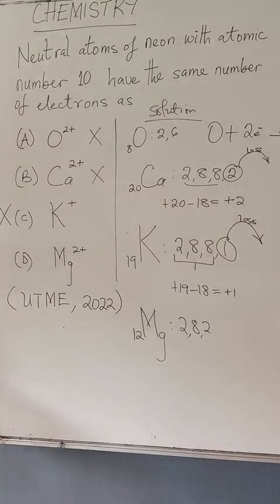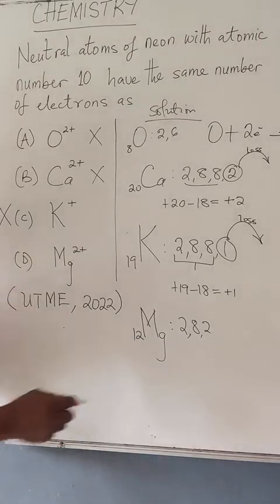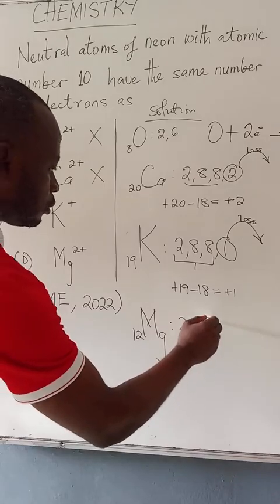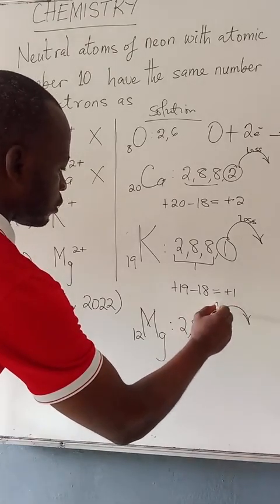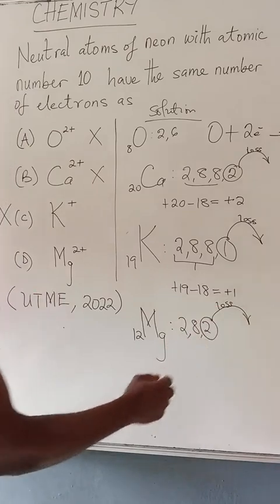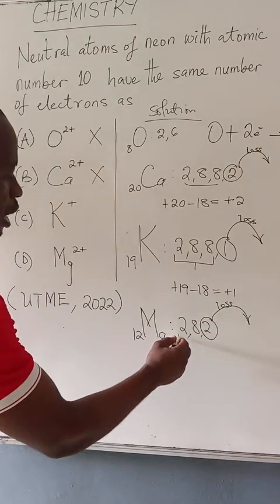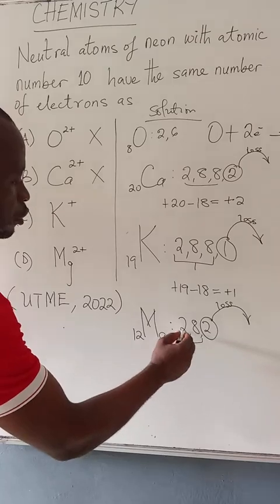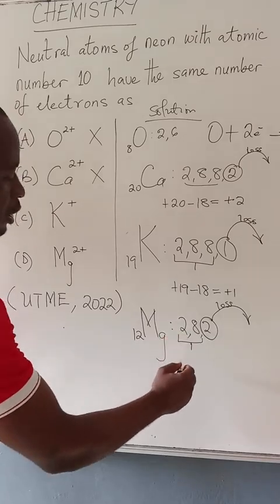It has few valence electrons. So is it likely a metal or a non-metal? It is likely a metal. During chemical bonding, is it going to gain or lose these electrons? It's going to lose these electrons. And when it loses these 2 electrons, how many electrons will now be remaining? 2 plus 8. That is 10 electrons.